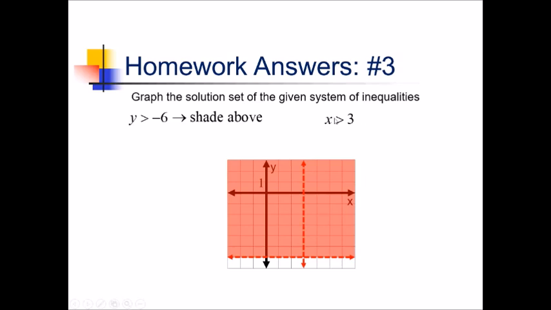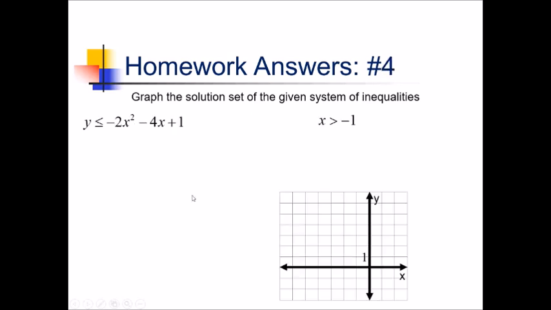I mean, we can't go above a vertical line, so we're shading to the right. So that's everything over to the right of that vertical line. And if we look at where we're overlapping, it's going to be this little rectangular region in here, except for this little blue spot down here. Everything else here is being shaded a little bit darker for our solution set.